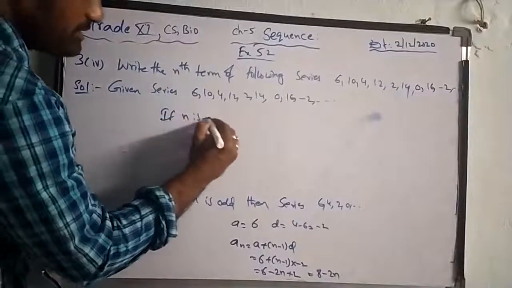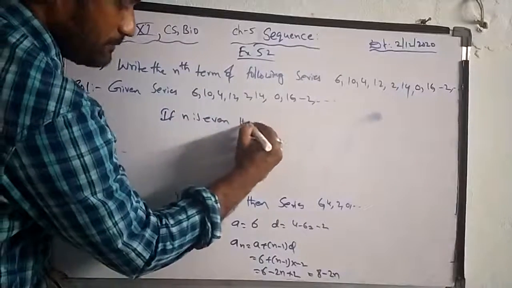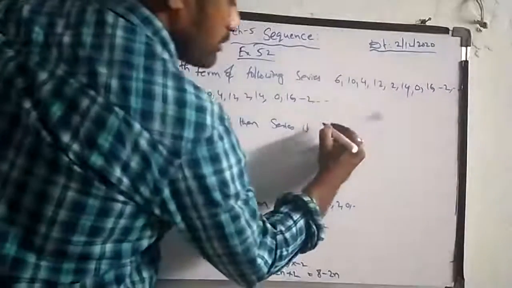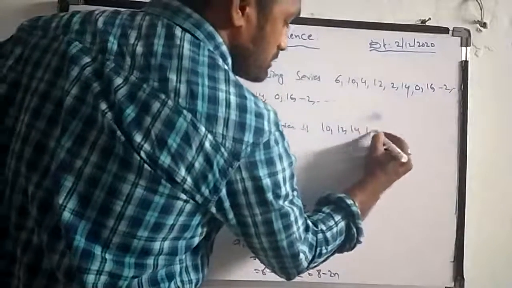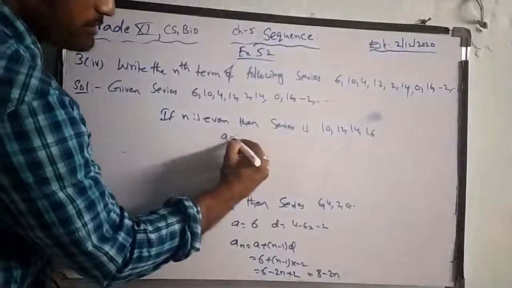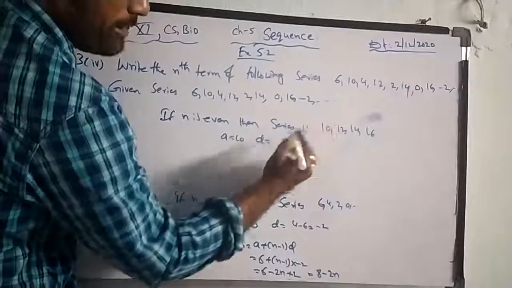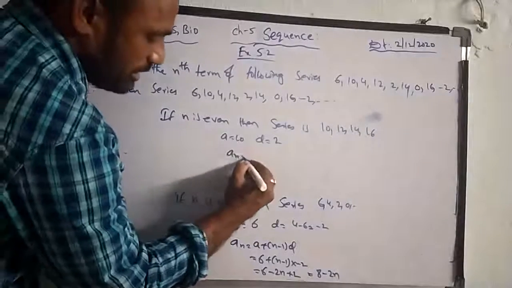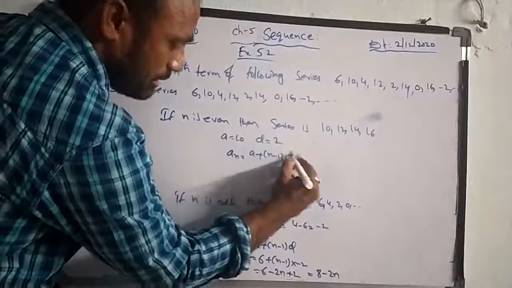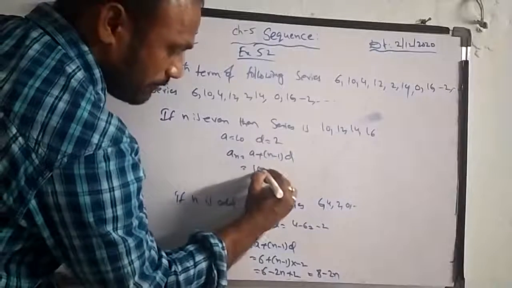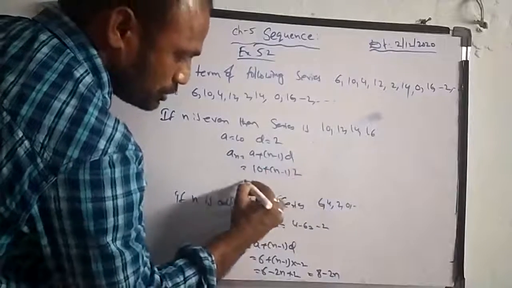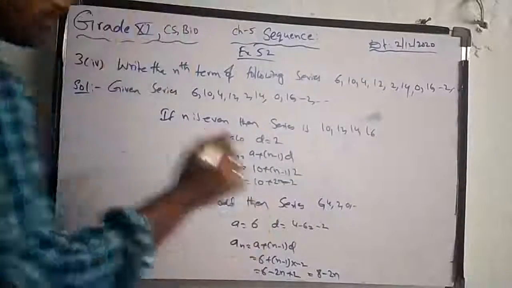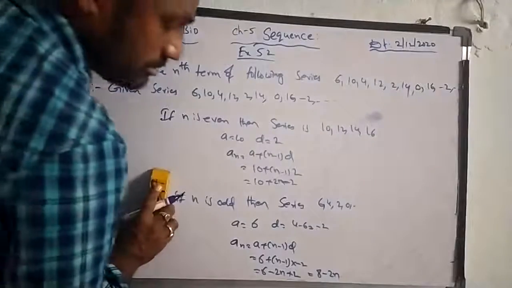Next, if n is even, then the series is 10, 12, 14, 16. Here first term is 10 and common difference 12 minus 10 is 2, 14 minus 12 is 2. So it is an AP. I can use nth term as a plus (n minus 1) into d, that is 10 plus (n minus 1) into 2. So 10 plus 2n minus 2, so 10 minus 2, which is 8.